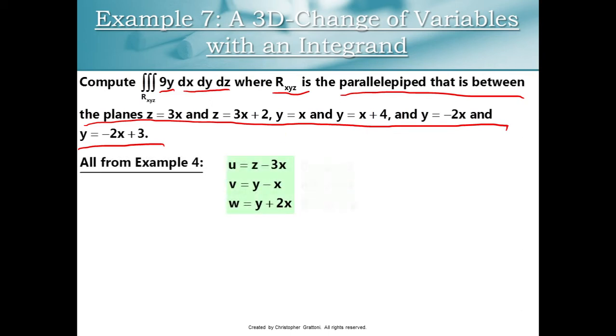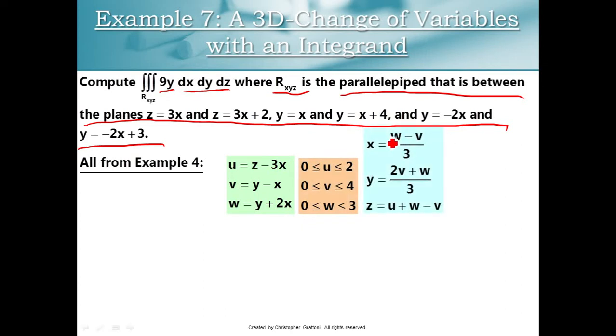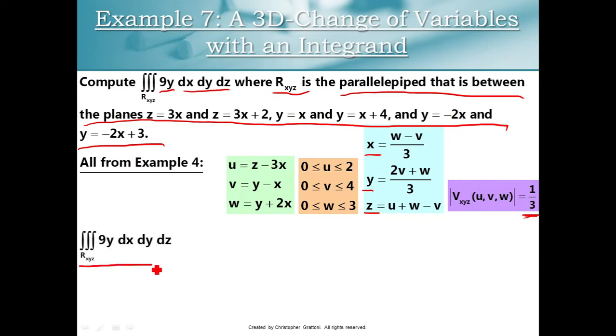My change of coordinates, my limits of integration, my change of coordinates now solved for x and y and z, and my Jacobian determinant, the absolute value of which is 1/3. Reusing that over again.